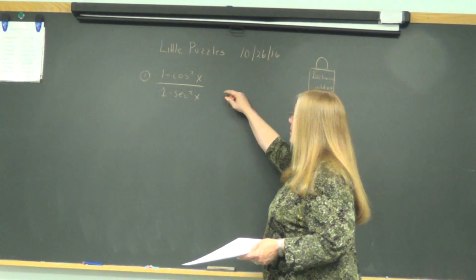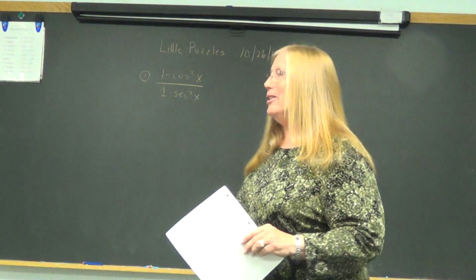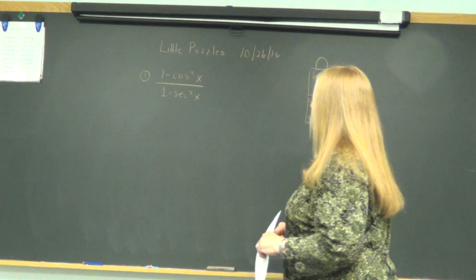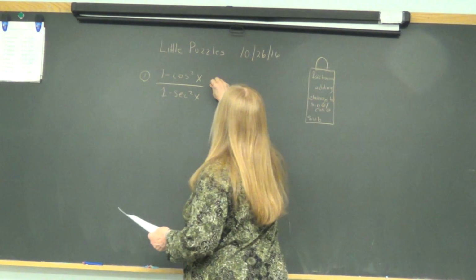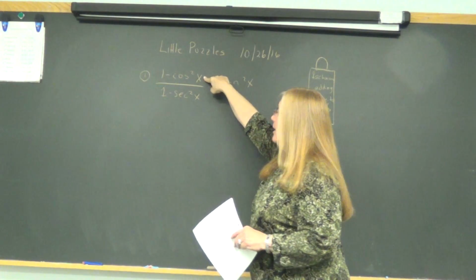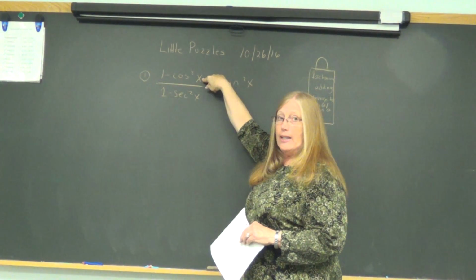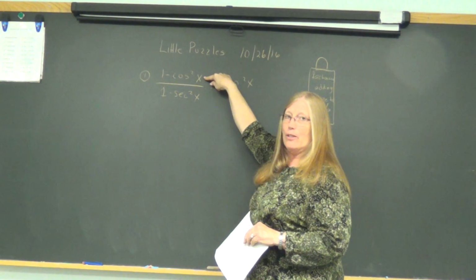Alright, so 1 minus cosine squared should ring a bell, and when you see that, you know that it's one of the Pythagorean IDs, and it happens to be sine squared. So that's one of the award winners, the Pythagorean theorem, the Meritorious Service Award.